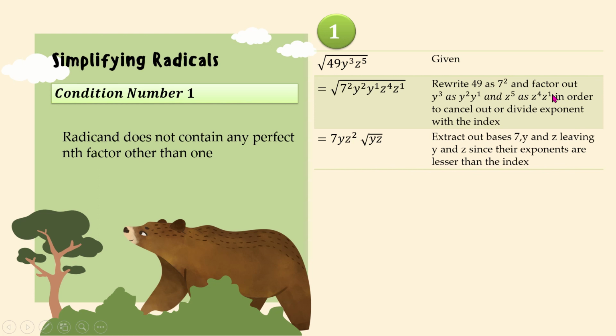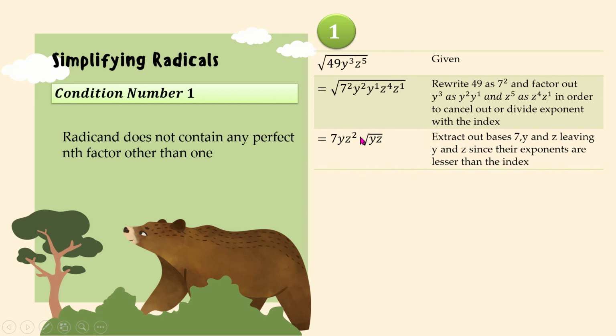Kay in-extract out nimo na niya, dapat you will derive at this answer. Para mas dali, para gamay ra ang masuwat, pwede siya z exponent 4, z exponent 1 in order to cancel out or divide exponent with the index.